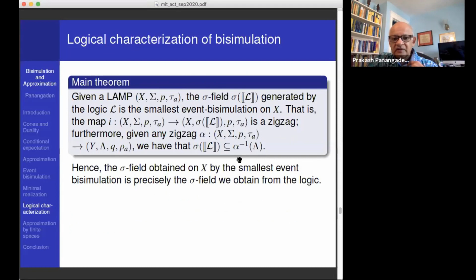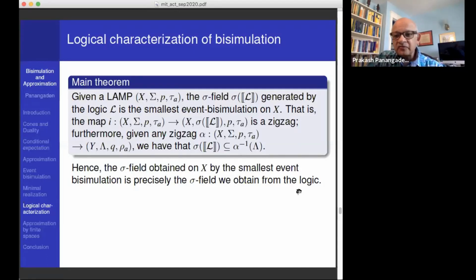Now, if you look at the sigma algebra generated by those definable sets, this is the smallest event bisimulation on X. So this is a theorem. In effect, this says that this characterizes event bisimulation for this Markov process. So the sigma field obtained on X by the smallest event bisimulation is precisely the sigma field we obtain from the logic. This is the version of logical characterization of event bisimulation.